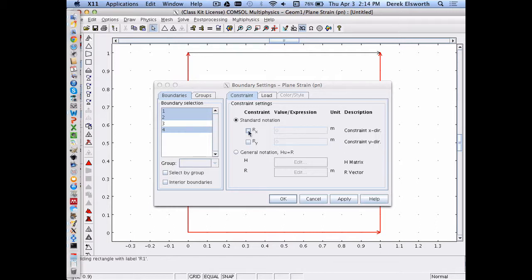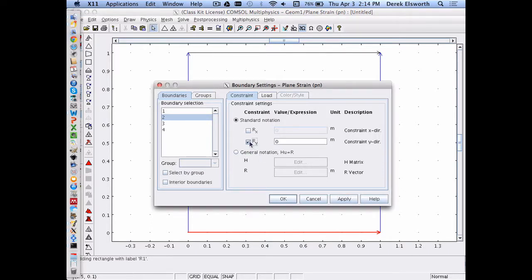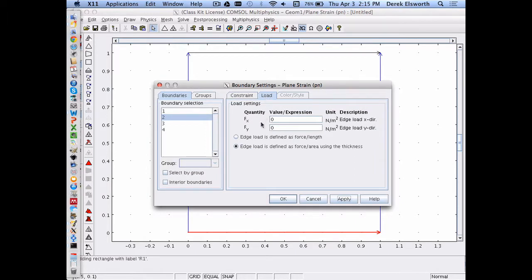So displacement in x is 0. Displacement in y is 0. Load on the top.